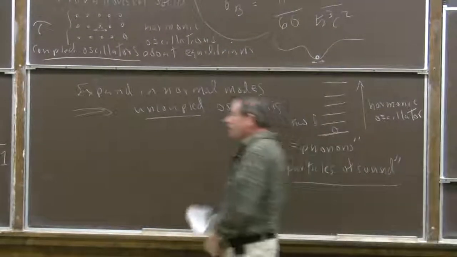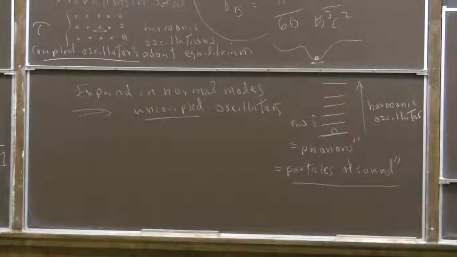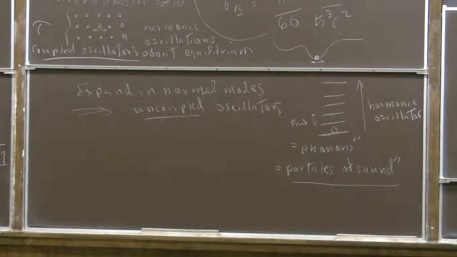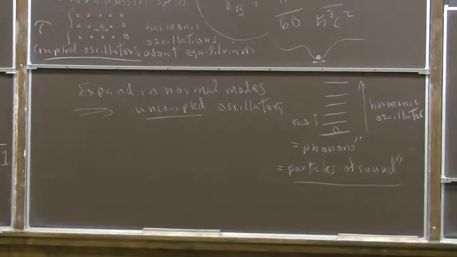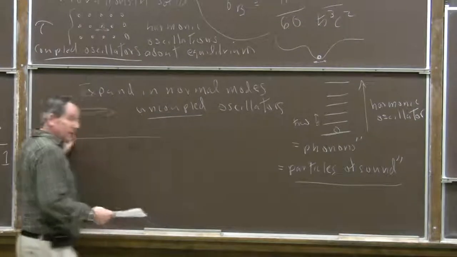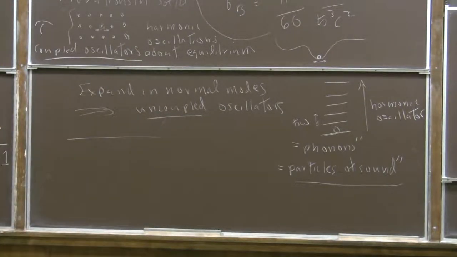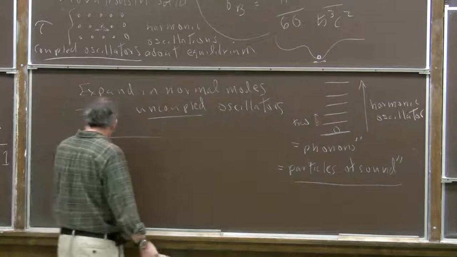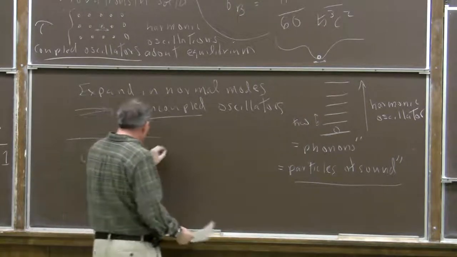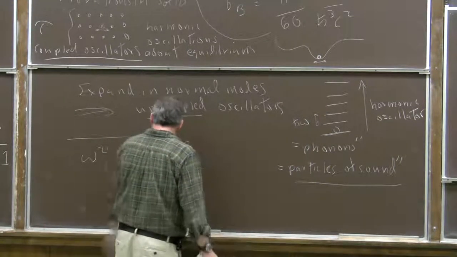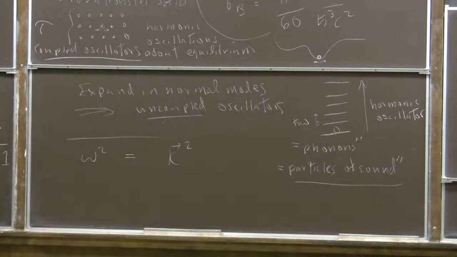So in the case of sound, it's not exactly true, but let's take it as a good approximation that the relationship between the frequency and the wave number is one with no dispersion, that the frequency squared is equal to k squared times what?